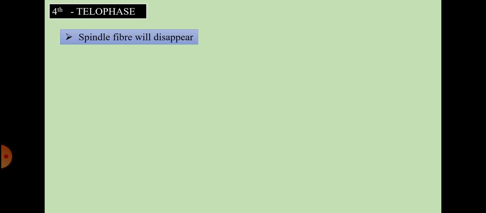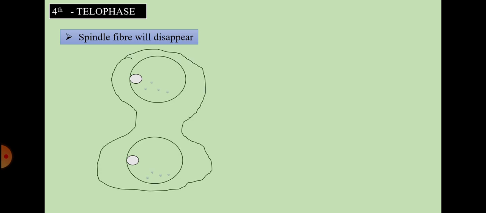In telophase, what happens is that the spindle fibers disappear completely once they have pulled these chromosomes towards themselves. Once they disappear, this is how the structure of telophase looks.